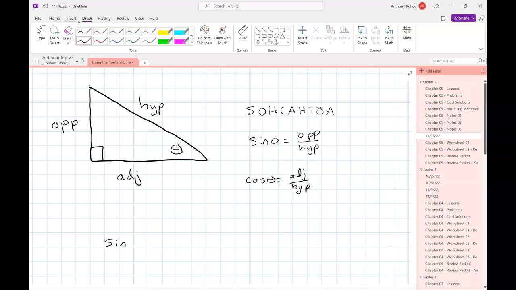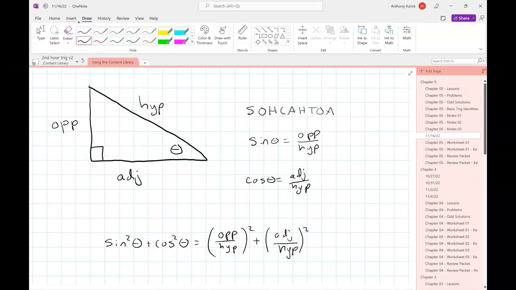So let's consider then what sine squared theta plus cosine squared theta equals. Well, we said that sine is opposite over hypotenuse, and cosine is adjacent over hypotenuse. So sine squared plus cosine squared has to be opposite over hypotenuse squared plus adjacent over hypotenuse squared.